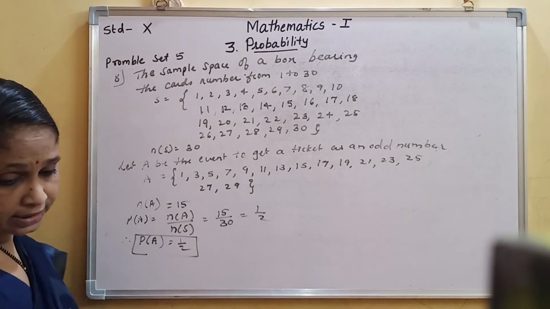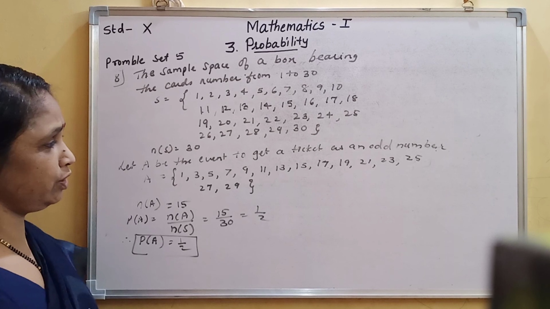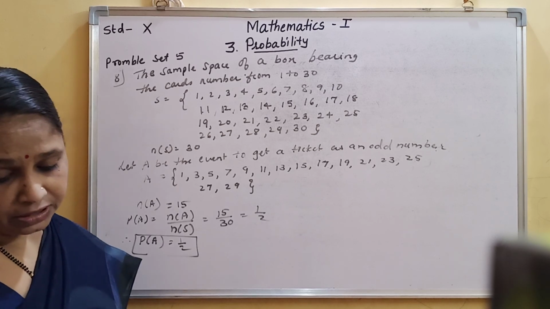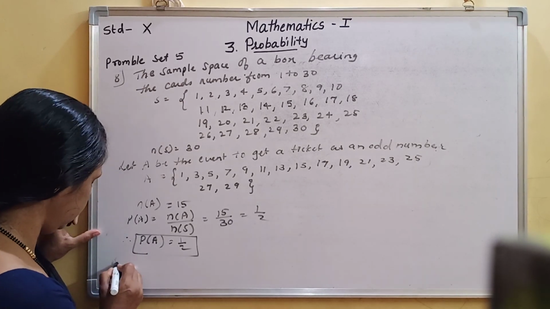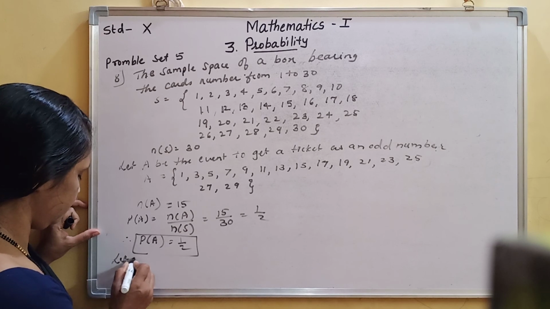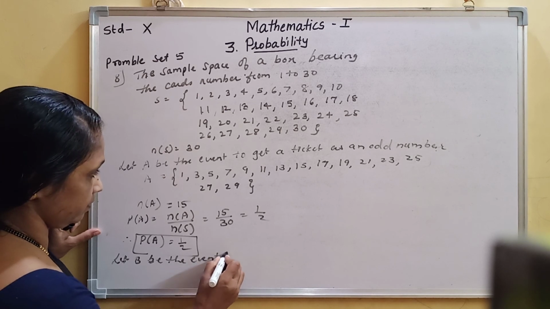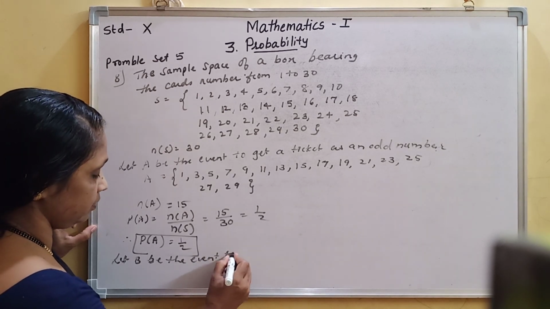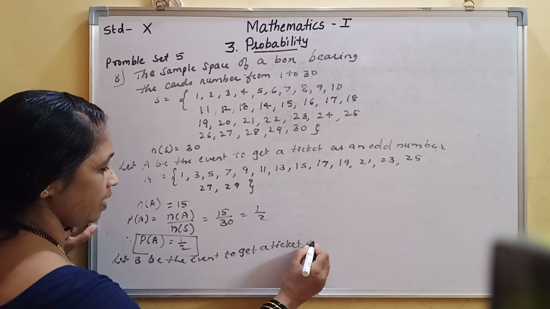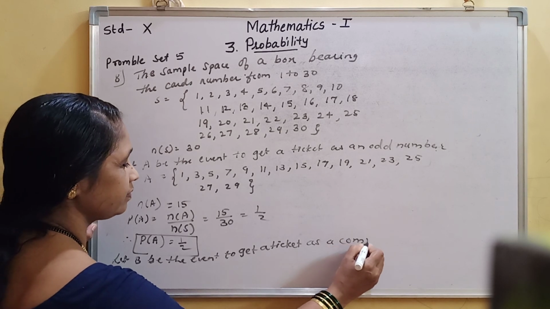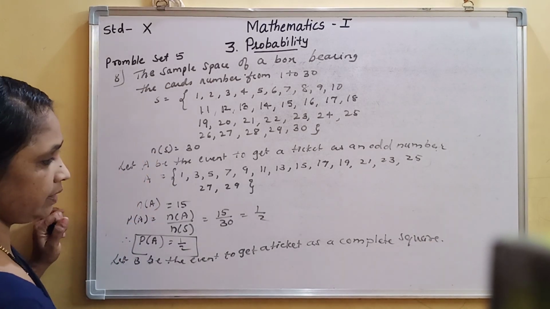Now from this, the second part of the question is about a complete square number. Let B be the event that the ticket drawn is a complete square.